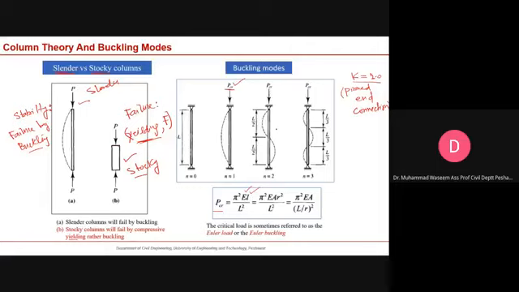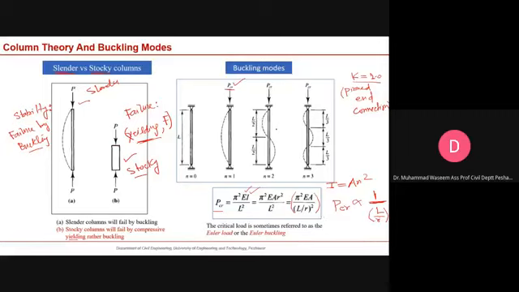And if we replace this I with A r squared, the equation will take this form. So we can say that the critical load is related to the slenderness ratio of the column, and that slenderness ratio we refer to as L by r.